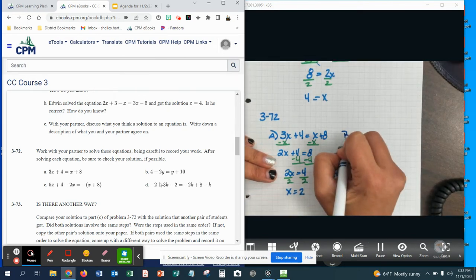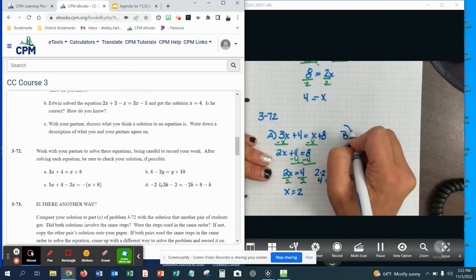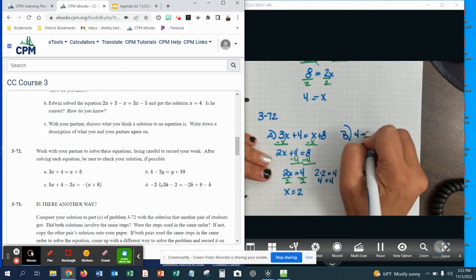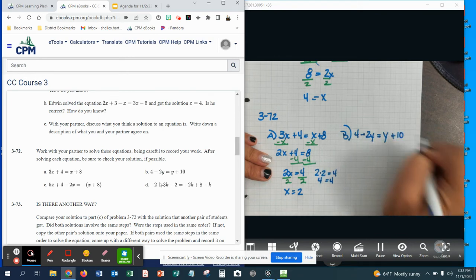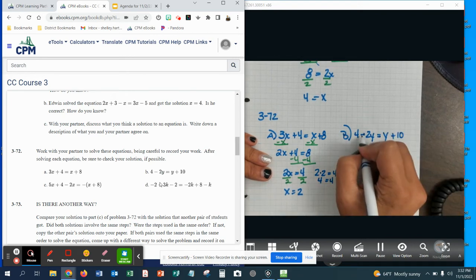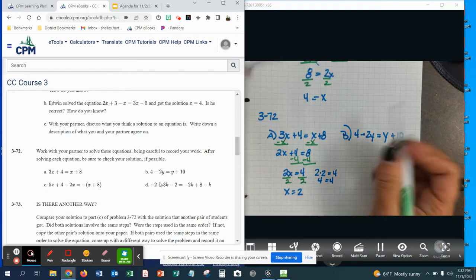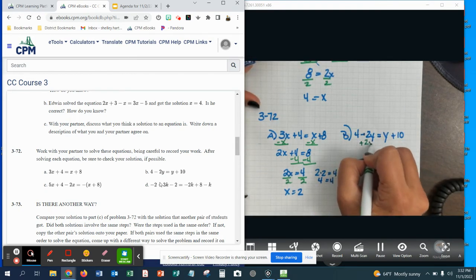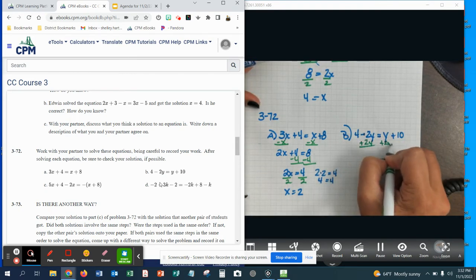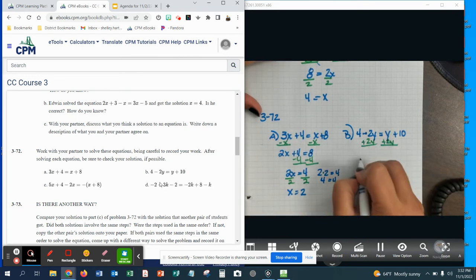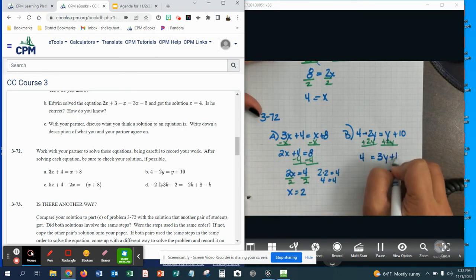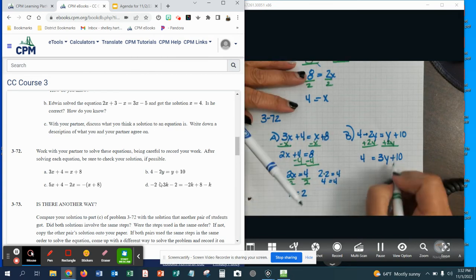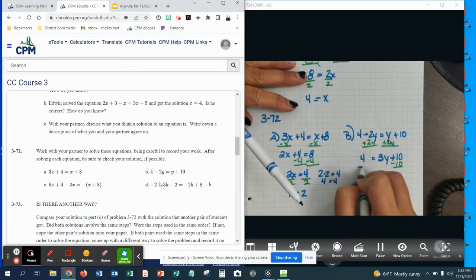So let's go to B. 4 minus 2y equals y plus 10. I'm going to move the y over here because I do want it to be positive. So plus 2y, plus 2y. So I have 4 equals 3y plus 10. Minus 10, minus 10.